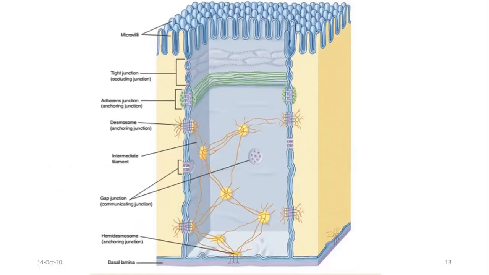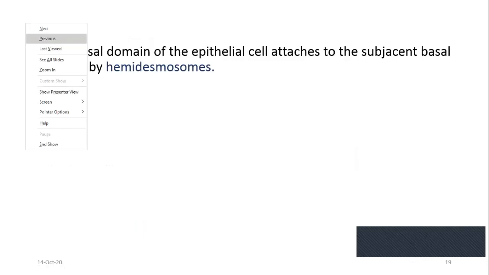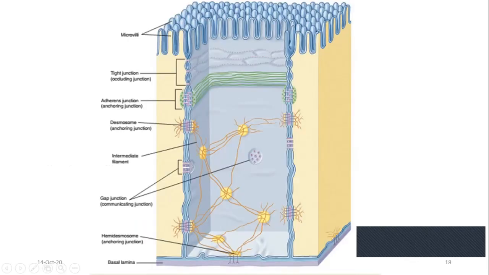In this graph, you will see this is the apical part of the epithelium. You see microvilli, and this is a section through the epithelial cell.